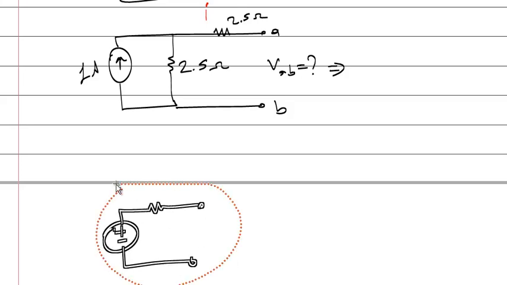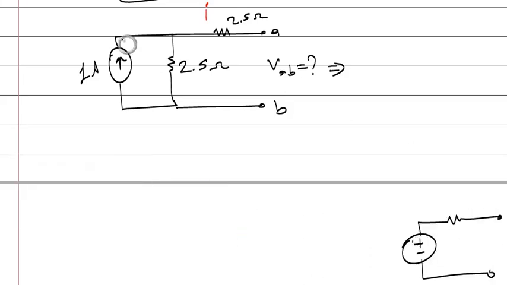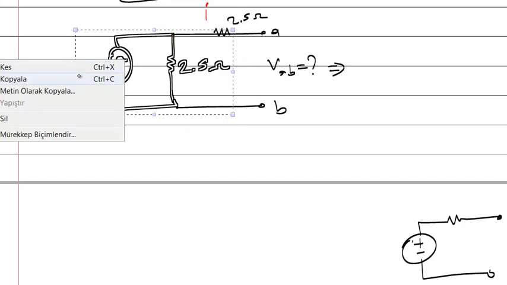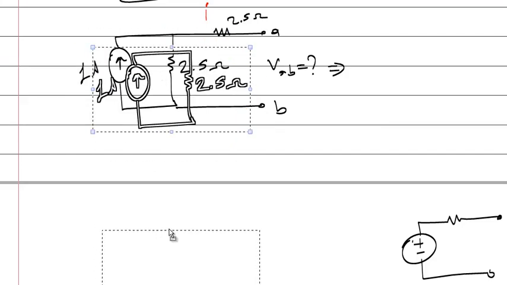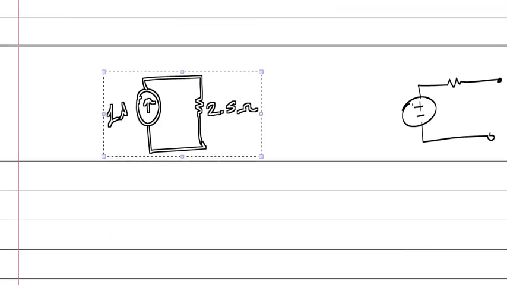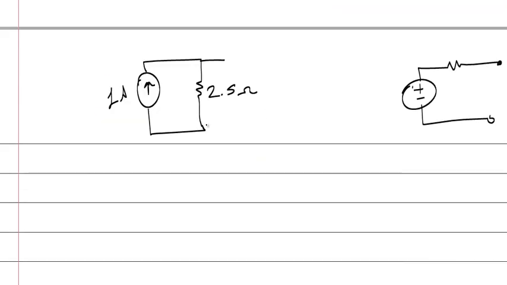Let me copy that part. So this voltage will be 2.5 volts, and this resistance will be 2.5 ohms.